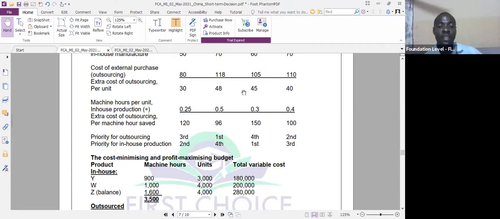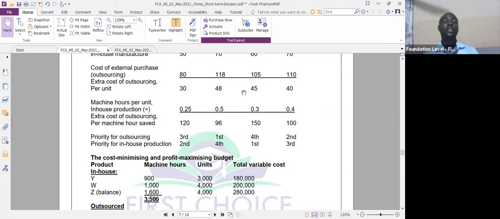It's going to give you 120 naira as the extra cost of outsourcing per machine hour saved. So it means that for every 1 hour of machine time that you did not operate the machine to make that product yourself, you are willing to pay an extra 30 naira.